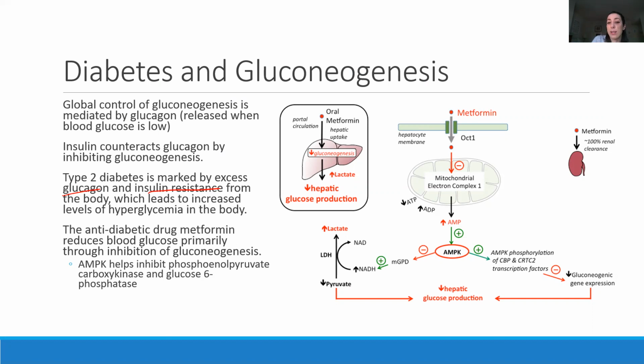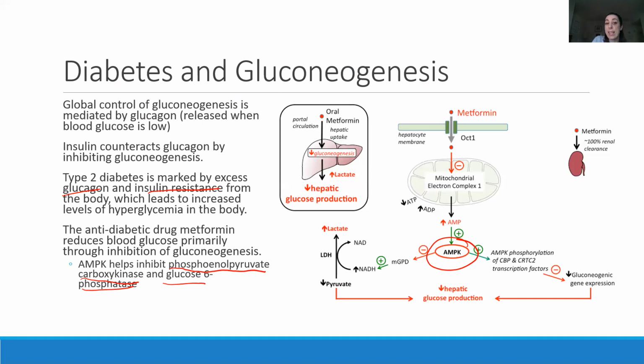The main thing here is that it's going to signal to an enzyme called AMPK, which you can see inside the cell, which inhibits an enzyme we just talked about, phosphoenolpyruvate carboxykinase, and it inhibits glucose 6 phosphatase. These are two enzymes that are part of the pathway for gluconeogenesis.